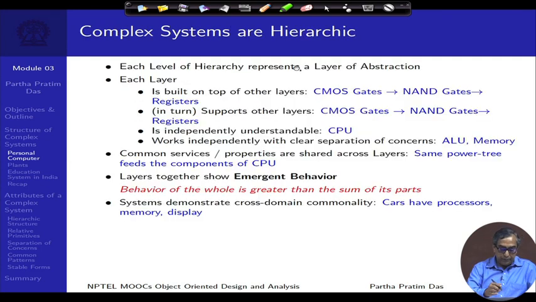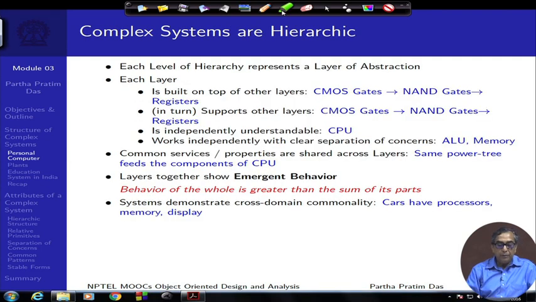Now, with this observation about the personal computer, we can try to make some generic properties, and we will slowly build upon those properties. First thing we observe is each level of hierarchy represents a layer of abstraction. By that we mean, a personal computer itself is an abstraction, it is a concept.